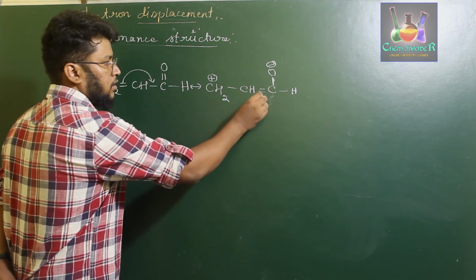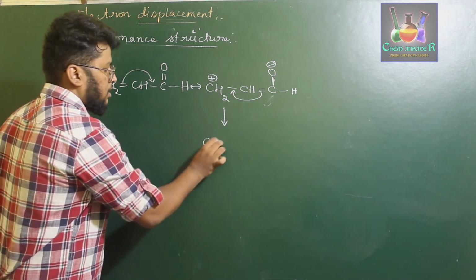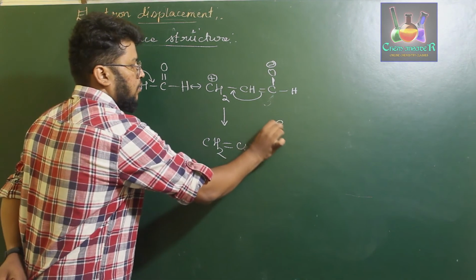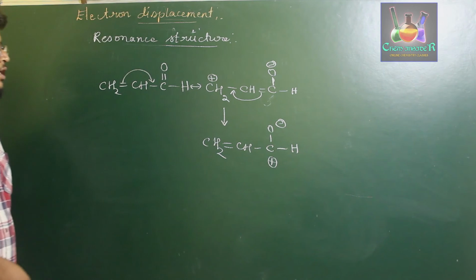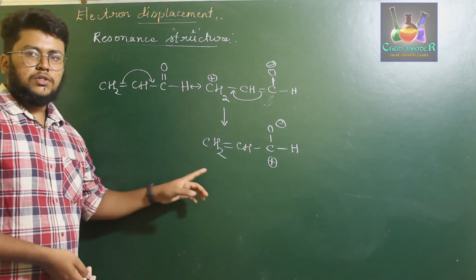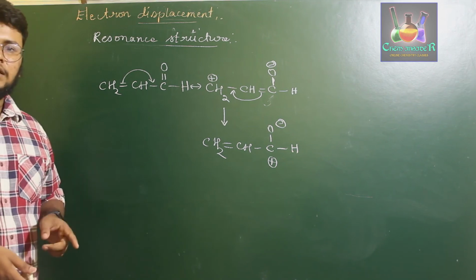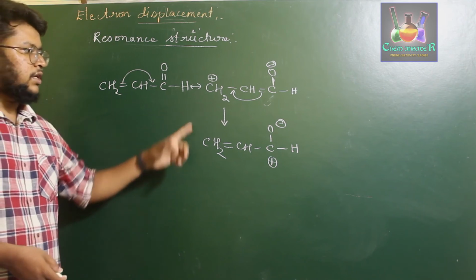If the bond shifts over here, it will give a different structure like CH2 double bond CH, C O minus, H plus and H. So these are the three structures of propan-2-en-1-ol. This is propan-2-en-1-ol. It has three different structures.